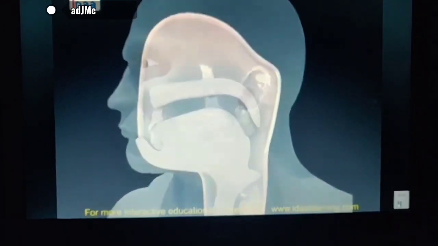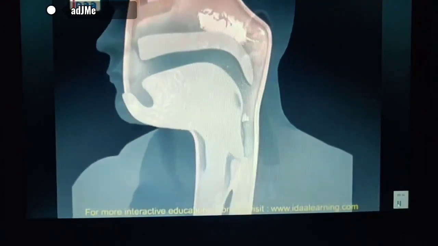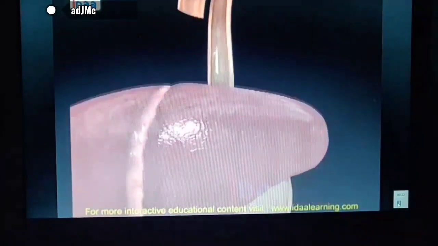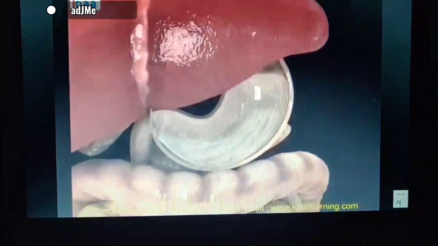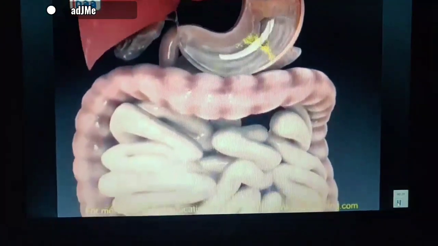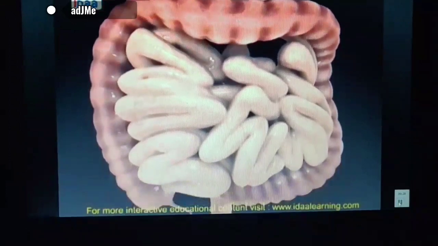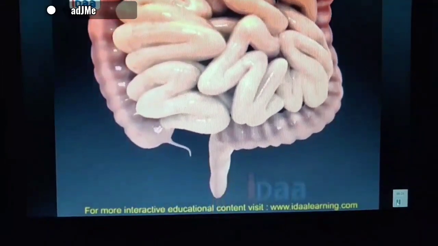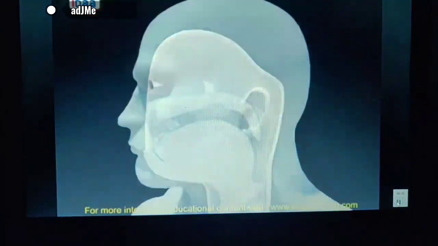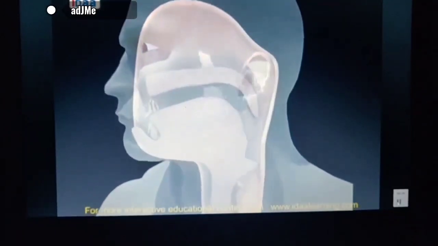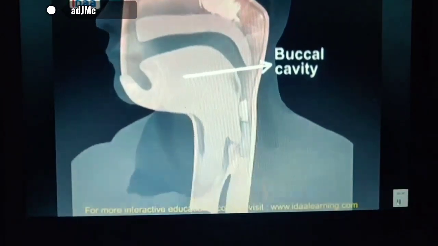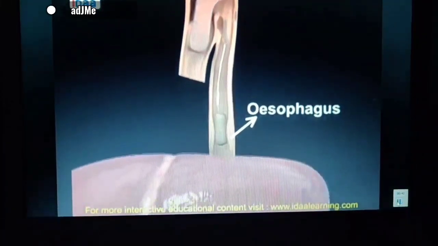The digestive system comprises of mouth, buccal cavity, pharynx, esophagus, then stomach. Stomach leads to the small intestine, which can be classified as duodenum, jejunum and ileum.